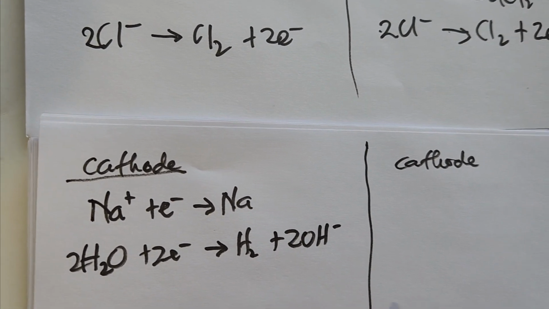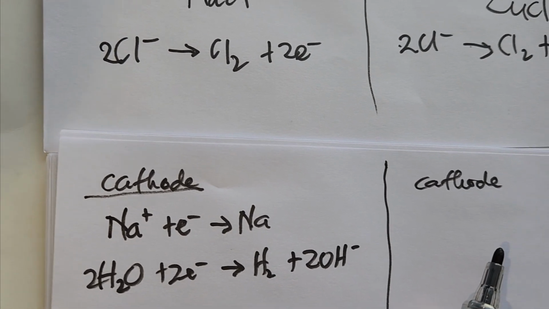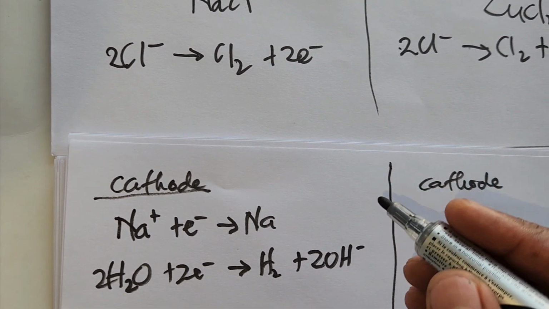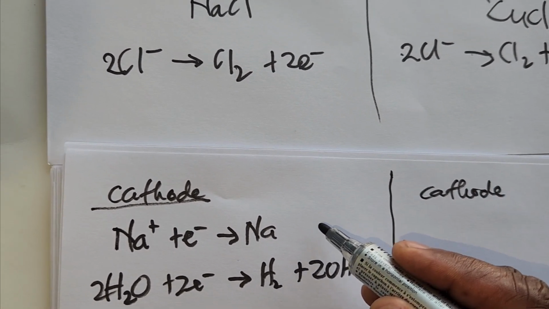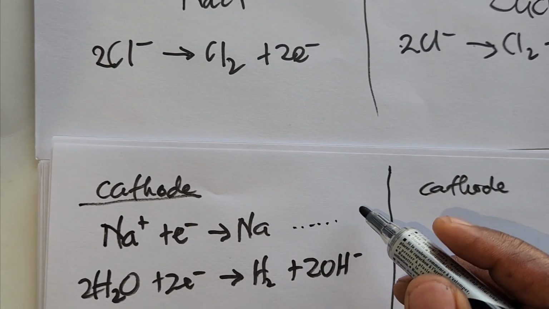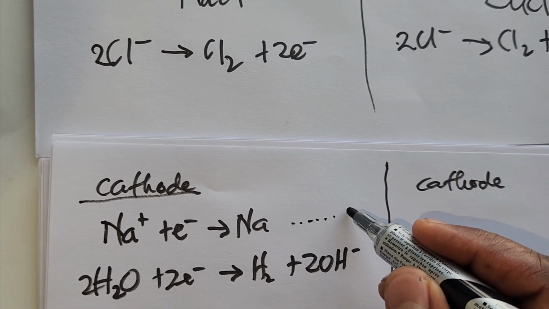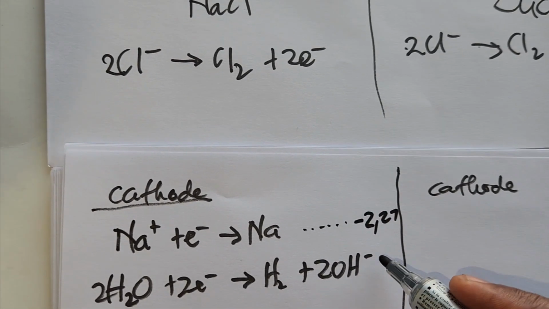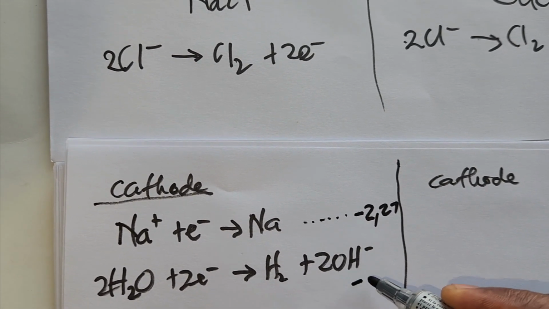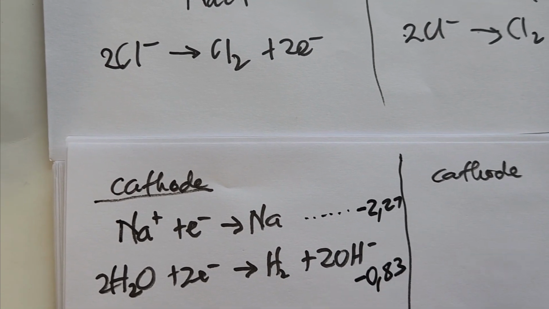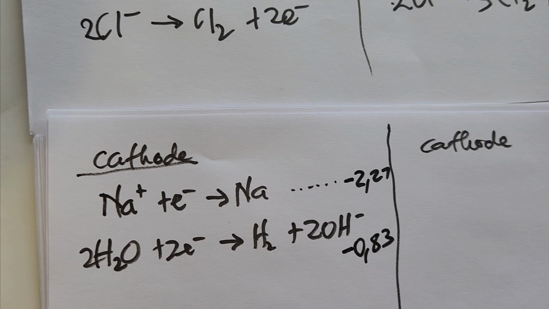We go to the electrode potentials and check. Sodium has an electrode potential of negative 2.27, whereas water has negative 0.83. Now, which one is the big boss between the 2? They are fighting for electrons.